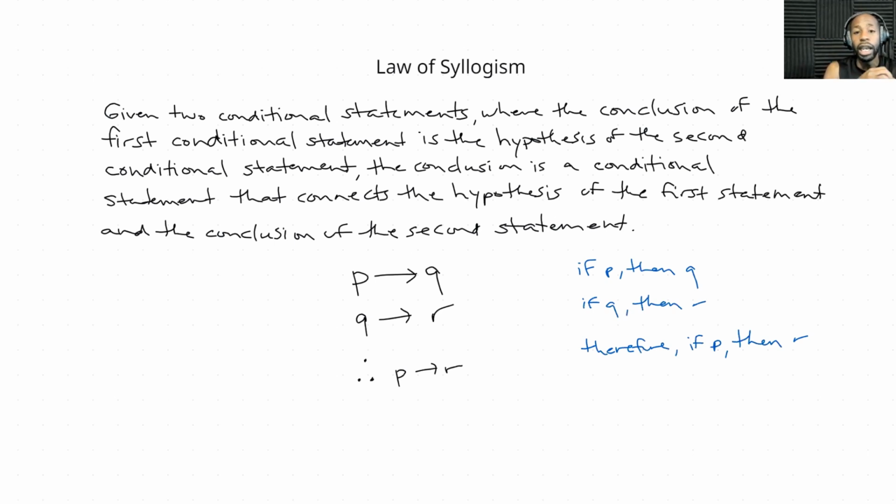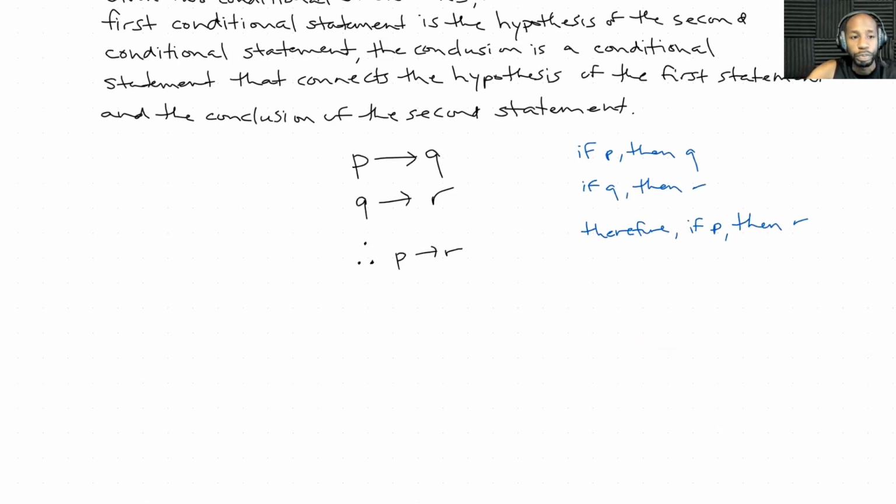And if you think about it, it kind of makes sense. So let's go ahead and apply some examples here, so you can kind of see what the law of syllogism is in a real world example, and then what it is not.